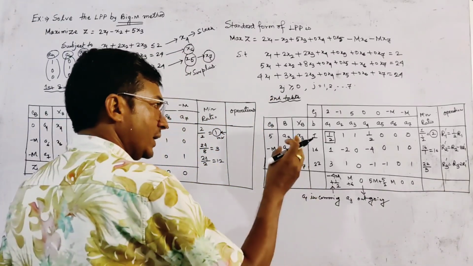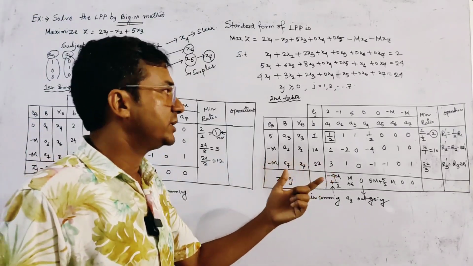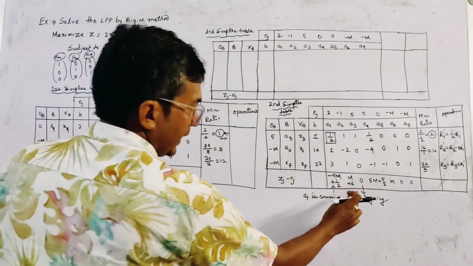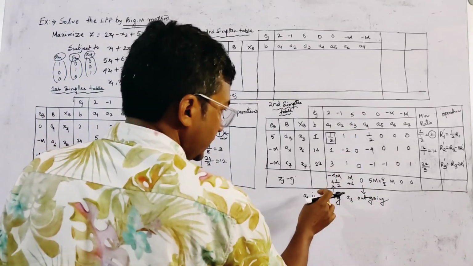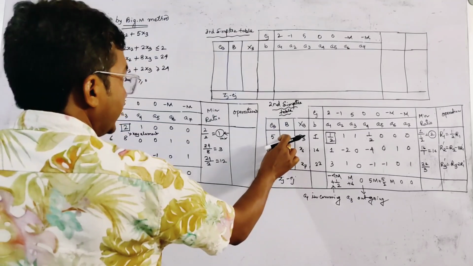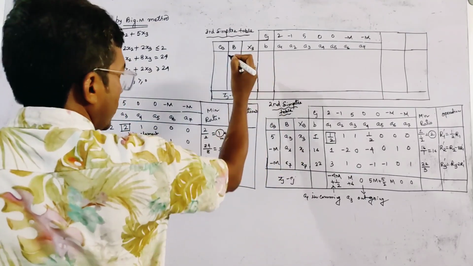Now we draw the next simplex table. This is the third simplex table, and since A3 is the outgoing vector and A1 is the incoming vector, we replace A3 by A1. We write here A1.